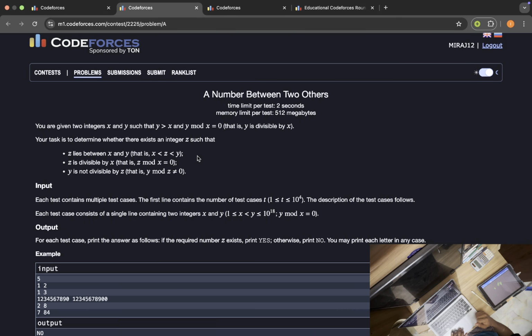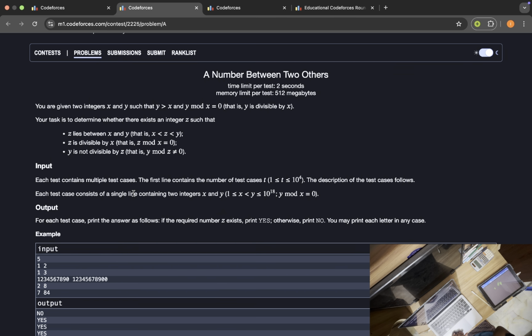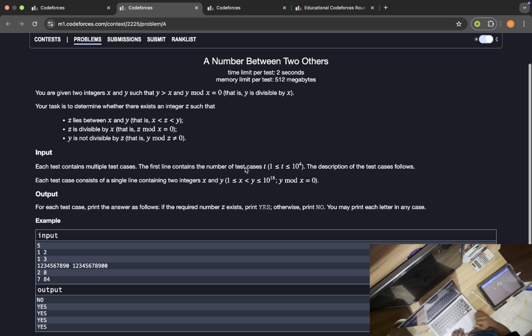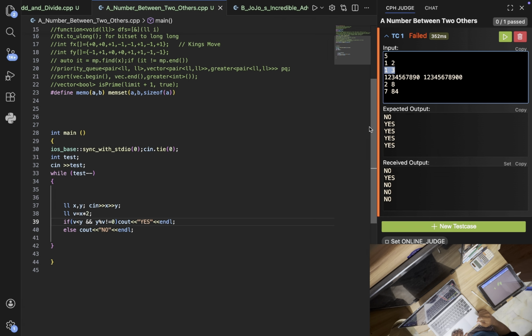It says something between them, but not equal to. That lies between x and y. Okay, those rules are not the same.